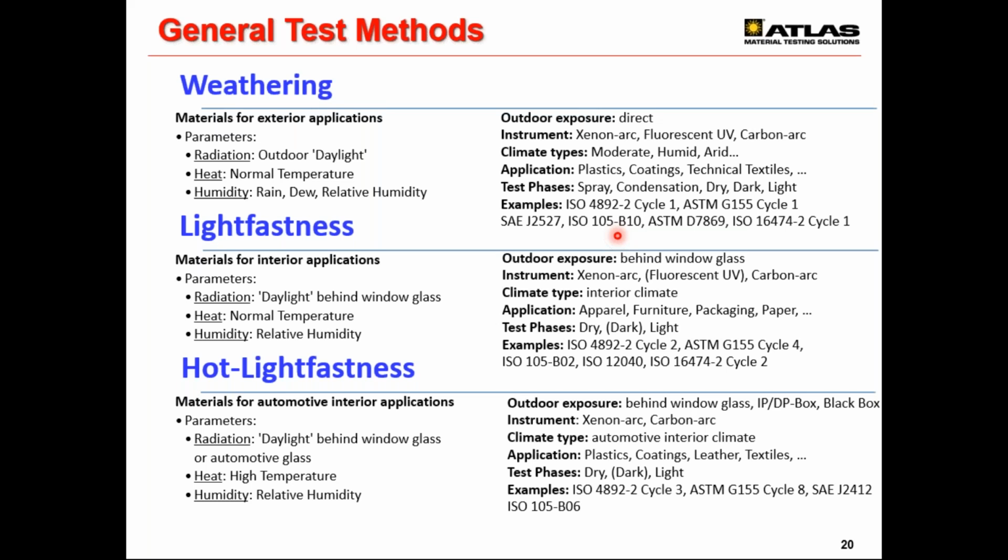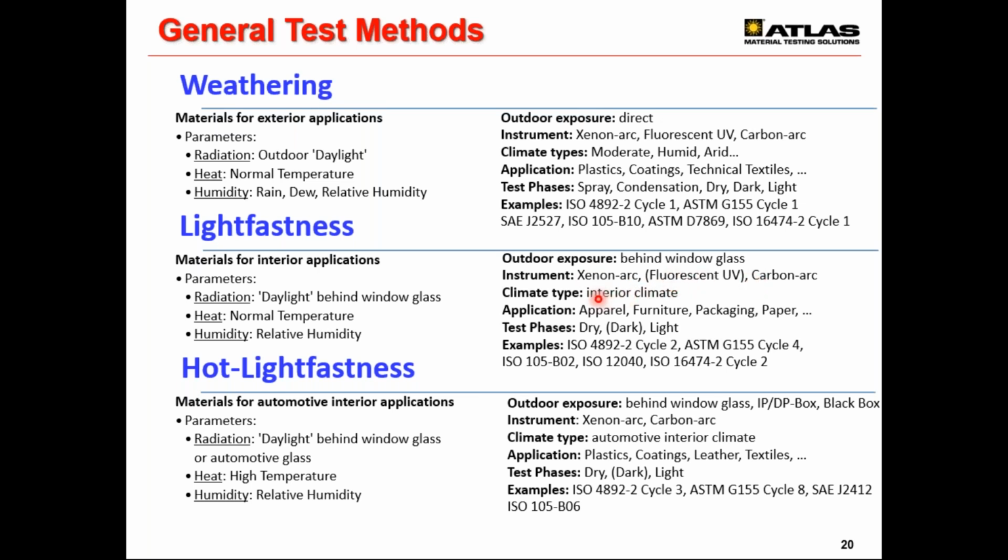Again, heat temperatures are normal temperatures, not very high temperatures. Humidity or moisture is applied in the form of relative humidity. It doesn't contain spray cycles. We're trying to simulate an indoor environment. The outdoor exposures are typically done behind window glass for these applications. And we have test methods for xenon arc as well as fluorescent UV and carbon arc.